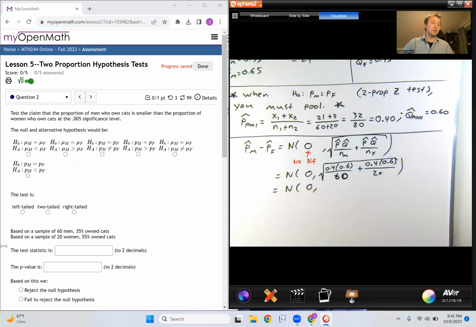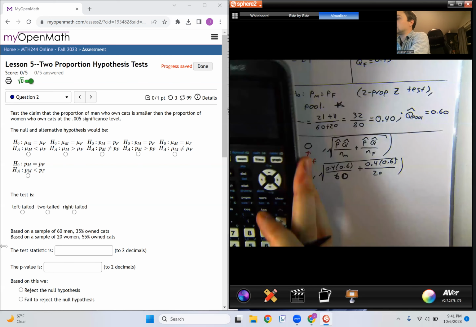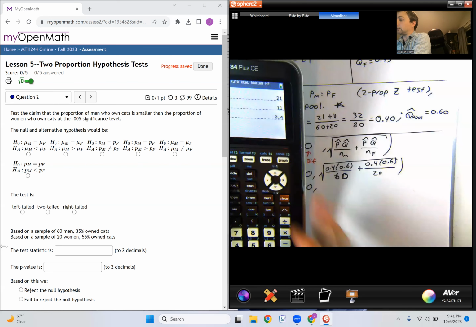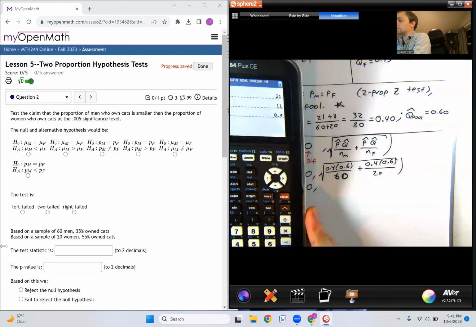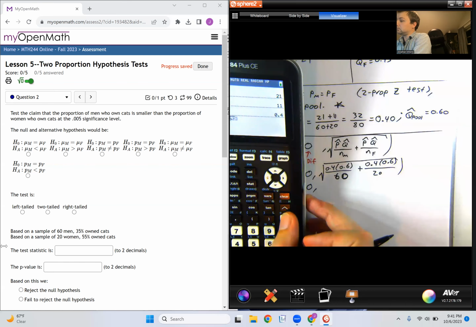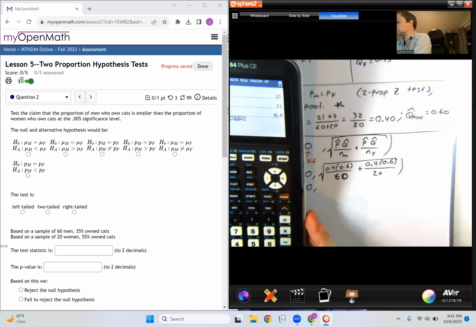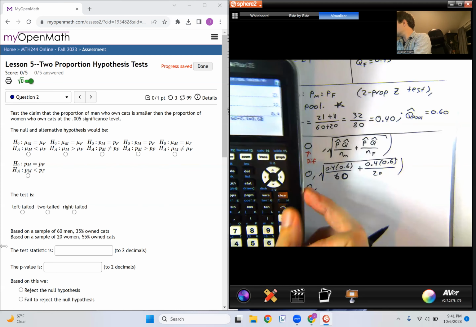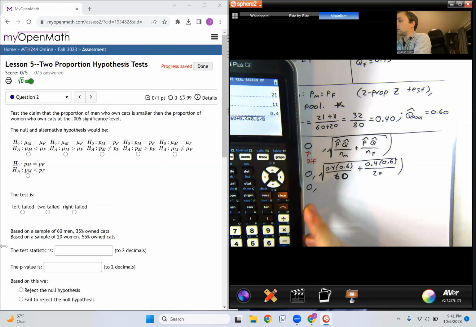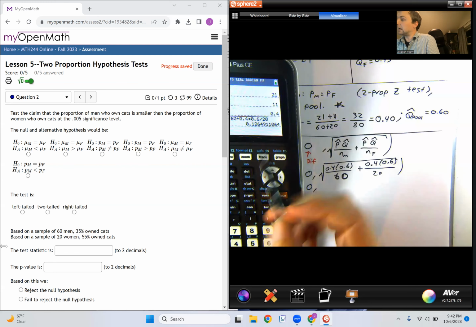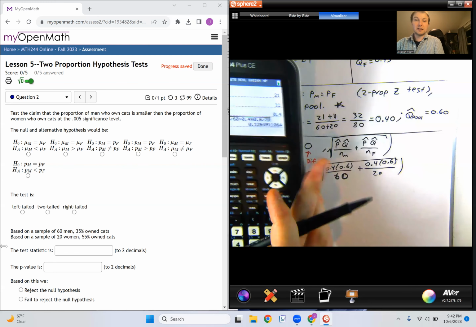I'm going to type that into a calculator and see what I get. And it is a longer square root. That's okay. Out of 20. And when I do this, I get a pretty large standard deviation.